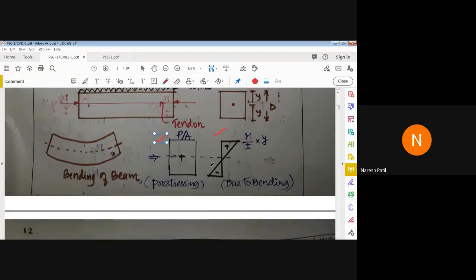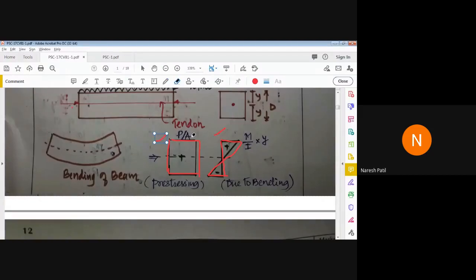Are you getting the difference between these two? Why is the direct stress in a rectangular shape, P by A, and why is this one in this triangular shape?